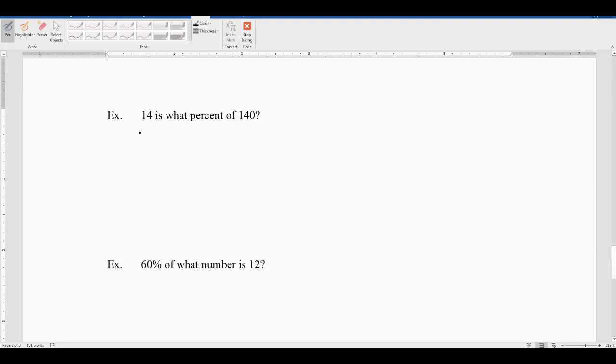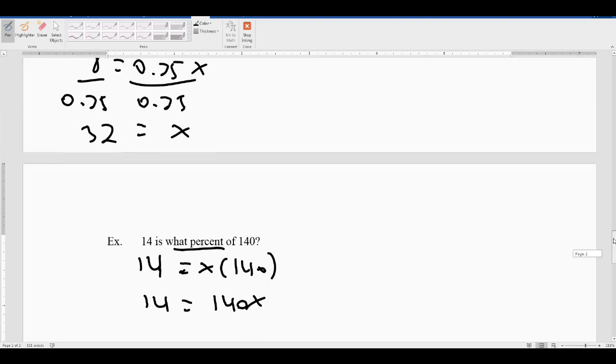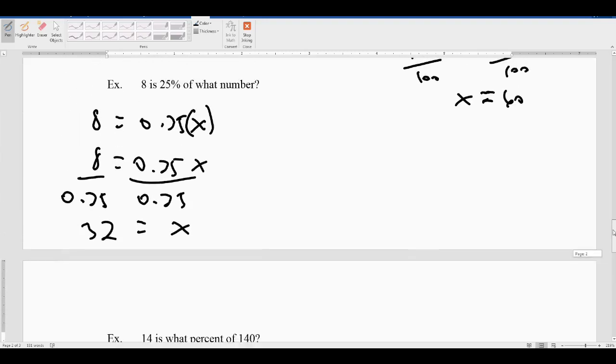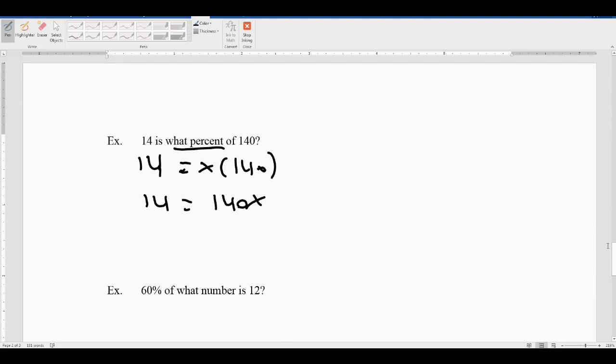Now this one, we have 14, and then is means equals. Percent, we don't know, call it x. Of means times by 140. And you can rewrite it like that if you want to. So it's very similar to this example, other than we want to find the percent. So we're going to divide both sides by 140.